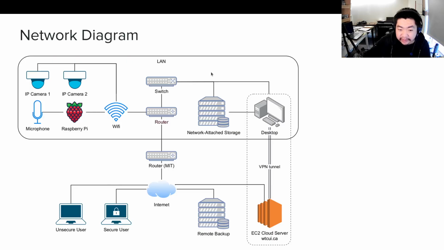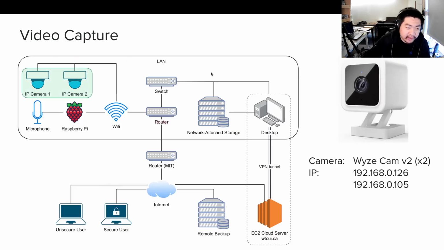And we can go a bit into them, starting with the video capture. So I have these two cameras that send video stream continuously through the Wi-Fi signal to the router, and we'll see how that gets saved later. The cameras I have are two Wisecam V2s. I think V3 is out. Those might be better.